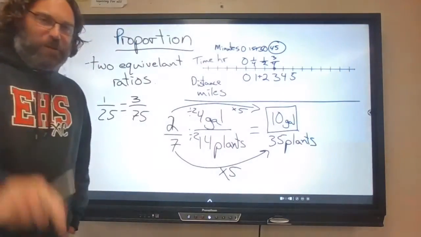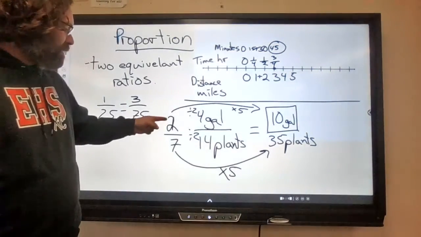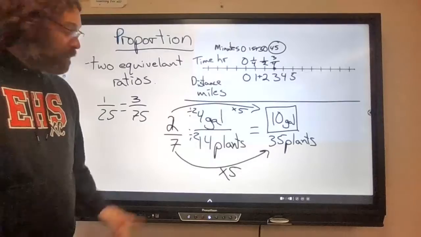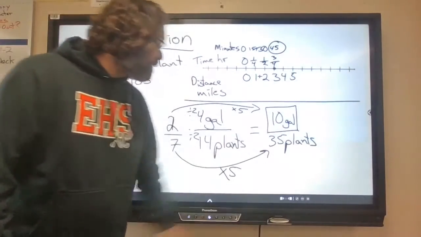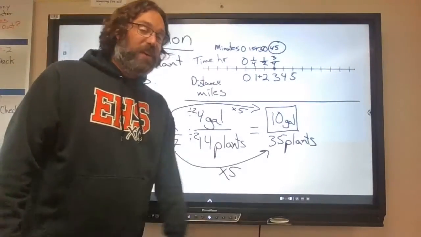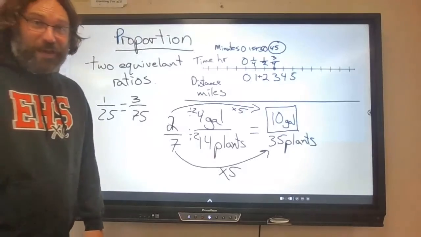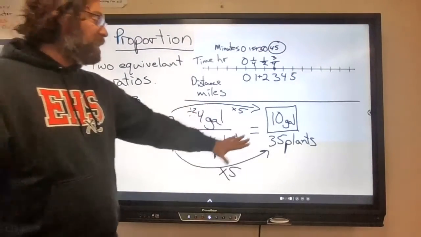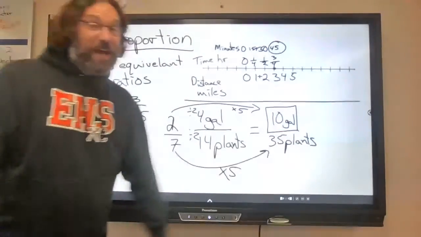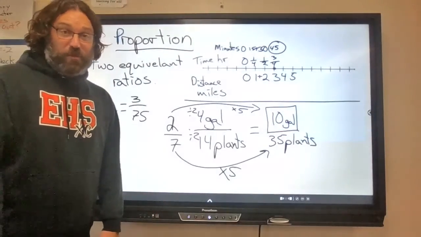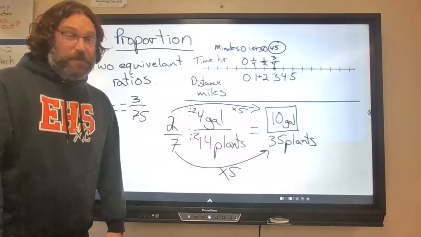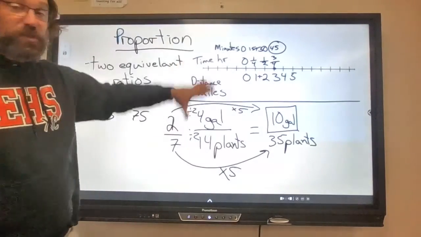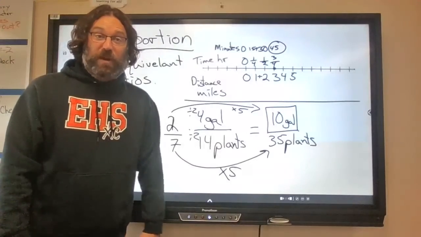And now all of a sudden I go, wait a minute. 2 to 7 is equal to 4 to 14. But 2 to 7 is also equal to 10 to 35. Okay? Even though it doesn't look like 4 to 14 is equal to 10 to 35, that is a proportional relationship. Okay? So hopefully this helps you with some of the vocabulary, gives you a couple of ways to work some of these problems out.